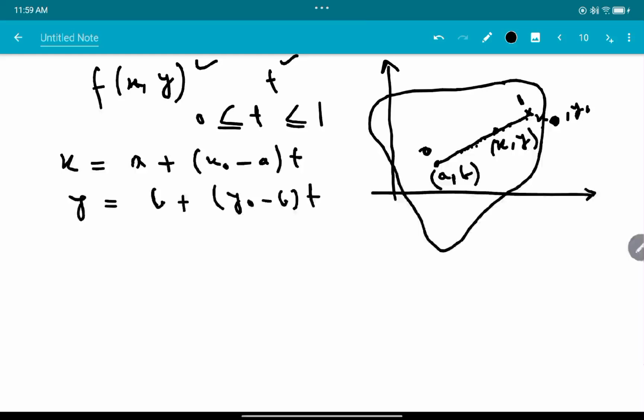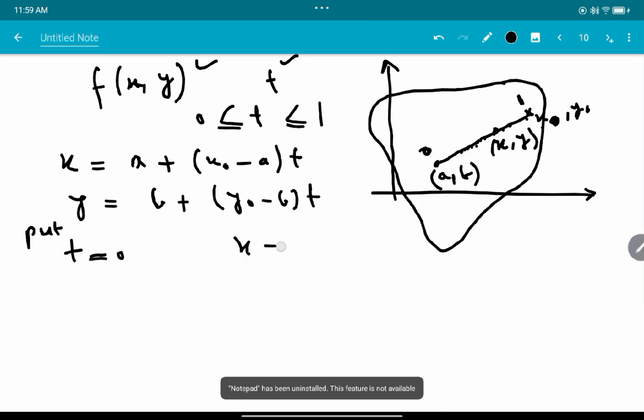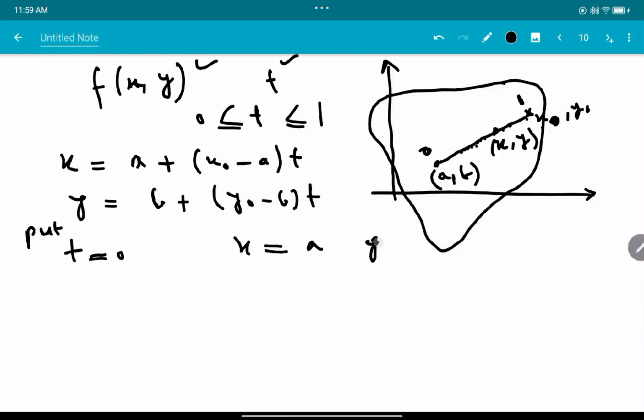Suppose we put t equal to 0. See what x and y will be. When you put t equal to 0, this whole portion will be washed out, and this whole portion will be washed out. You will get x is equal to a, y is equal to b.